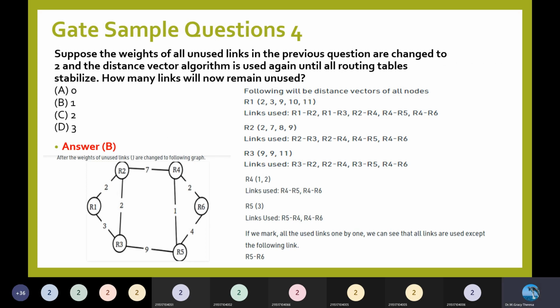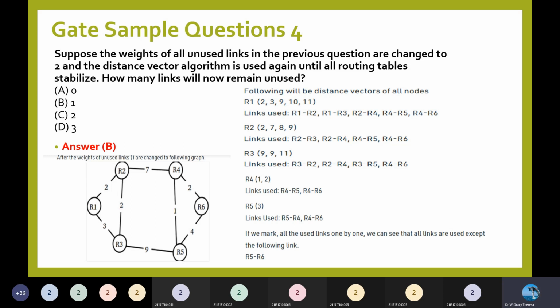The graph will be given, and you have to work it out based on that Bellman-Ford equation and find the least cost path route. That is what the distance vector routing algorithm is about.